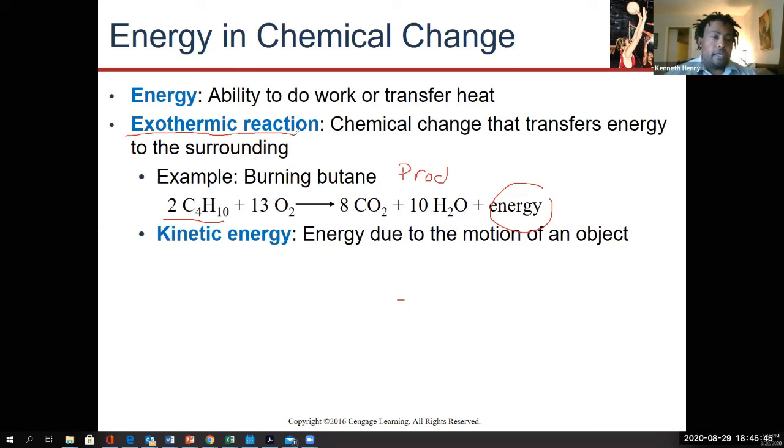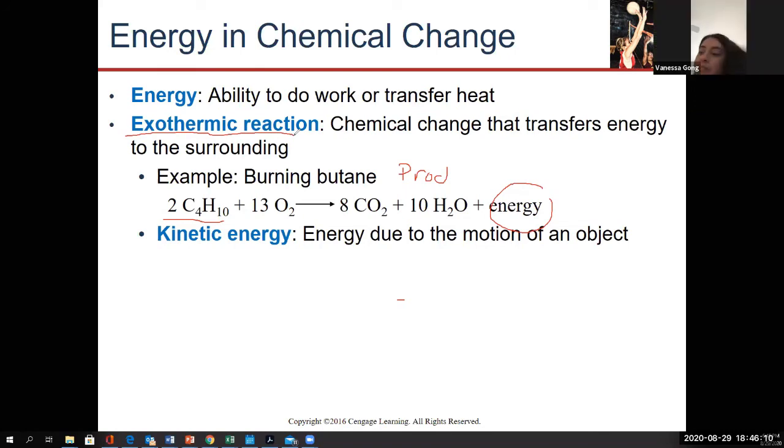An endothermic reaction means that you're taking energy from the surroundings, or you're absorbing energy to make the reaction happen, okay? So typically, how many of you guys run into walls or fall down or break an ankle or something like that where they have to give you a cold pack?